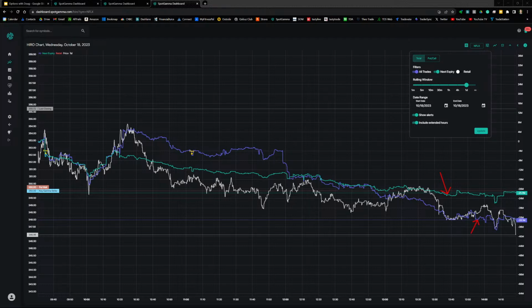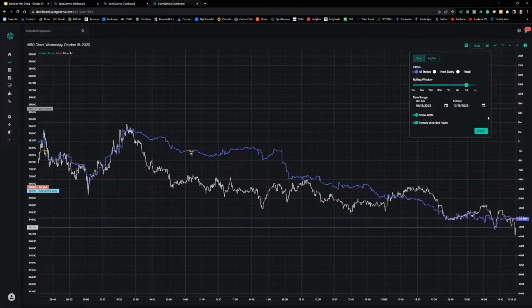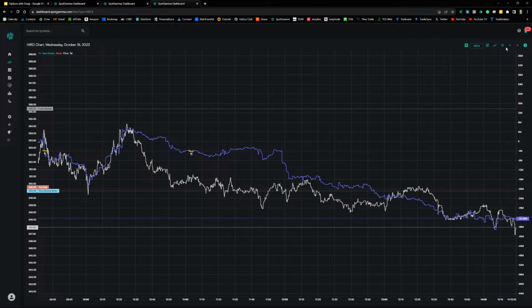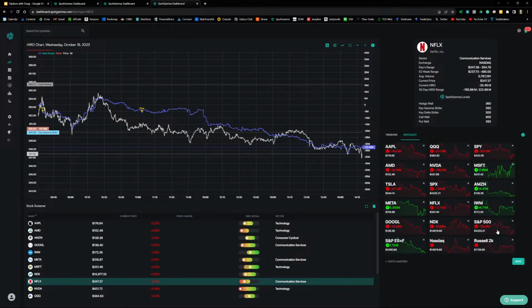So traders taking negative delta positions in both Netflix and Tesla today ahead of earnings. All right, let's go back to the S&P 500 now. See what's happening there. And if anybody has any stocks they want me to take a look at, now's a good time.